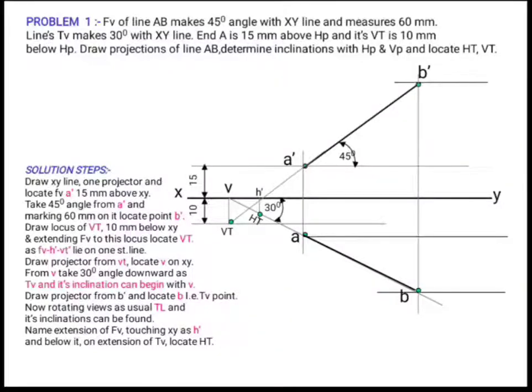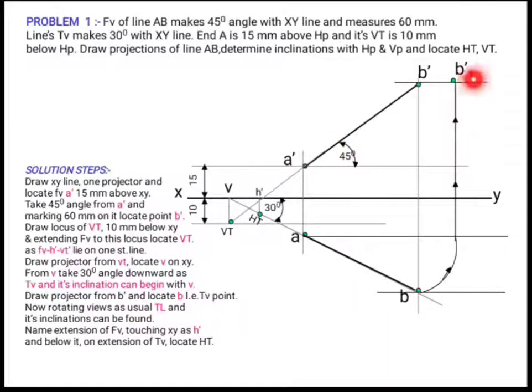Now I have to draw the true length line to get the inclination of the line with vertical plane and horizontal plane. For that I am rotating this line, making it horizontal and projecting it upwards to get the intersecting point B1 dash at the locus line of B dash.